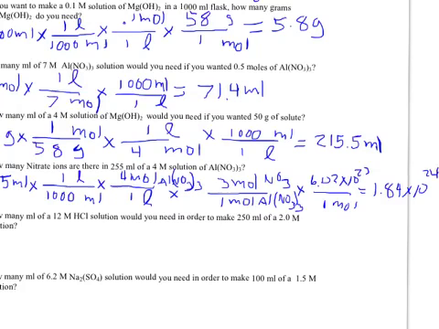And I did that by starting with 255 milliliters times 1 divided by 1,000 times 4 divided by 1 times 3 divided by 1 times 6.02 times 10 to the 23rd divided by 1 equals.